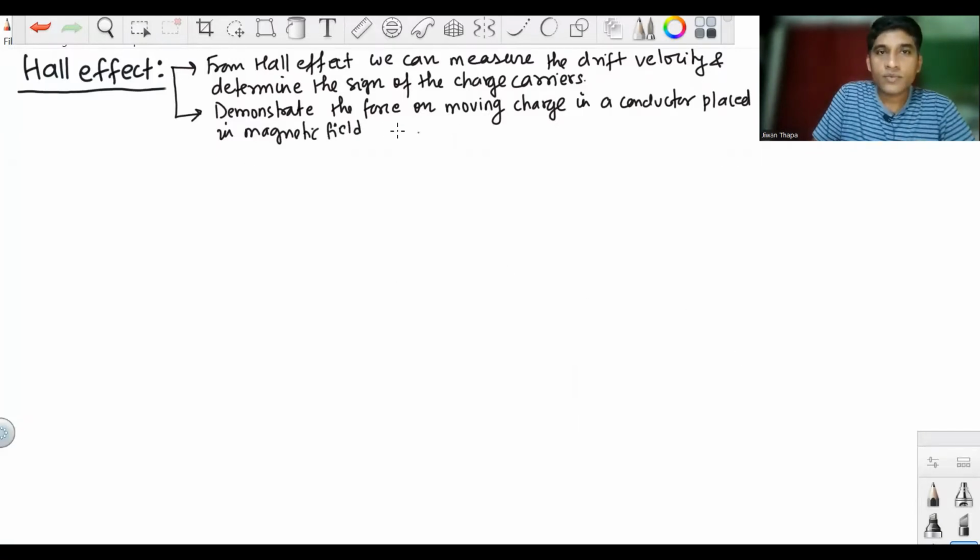So Hall effect demonstrates the force experienced by moving charge, okay, in a conductor placed in magnetic field.